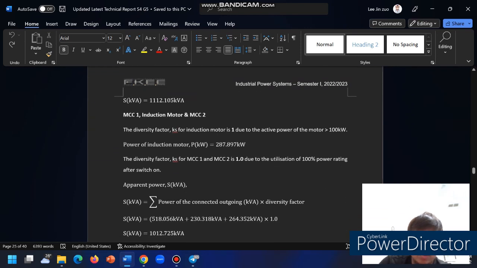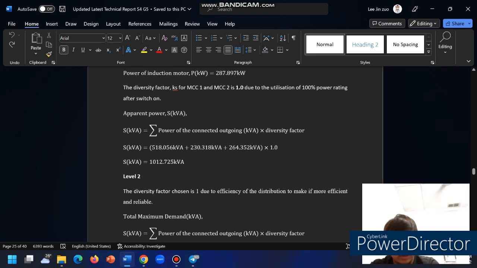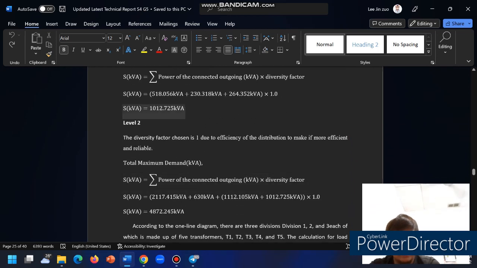And MCC1, induction motor, and MCC2 are also KS of 1 because the active power of the motor is greater than 100 kilowatt. And for level 2, the diversity factor chosen is 1 due to the efficiency of distribution, to make it more efficient and more reliable.